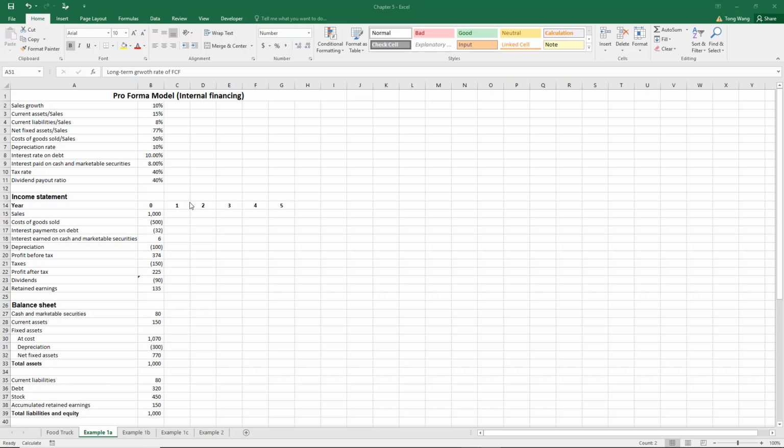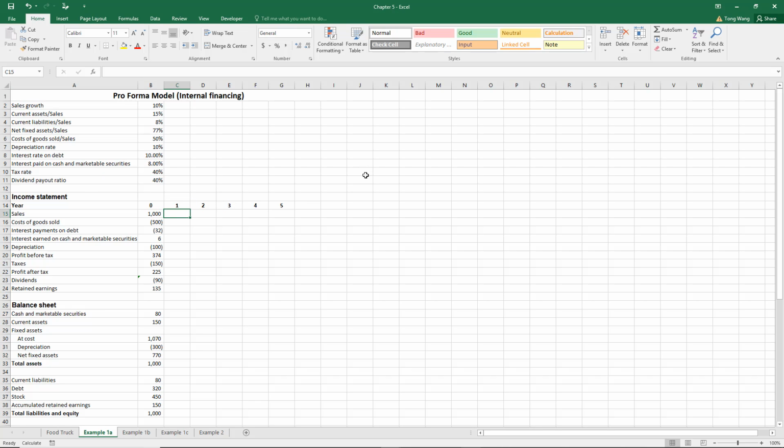Okay, so in a typical pro forma model, we're going to identify a driver, which in this case, we're going to assume is the sales of the company. So the sales is going to grow, and everything else is going to be tied to the sales. And we're assuming that the sales growth rate is going to be 10% per year.